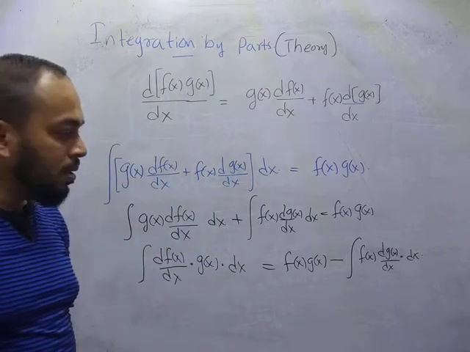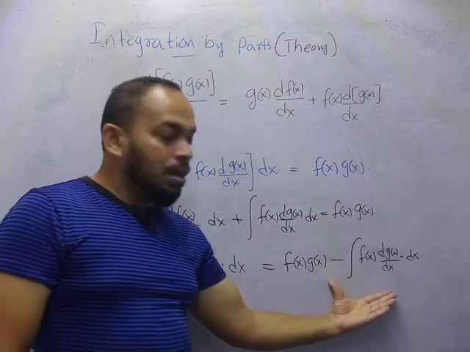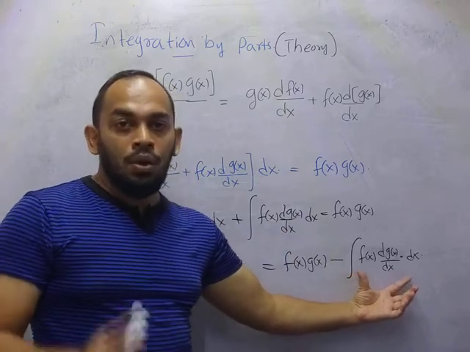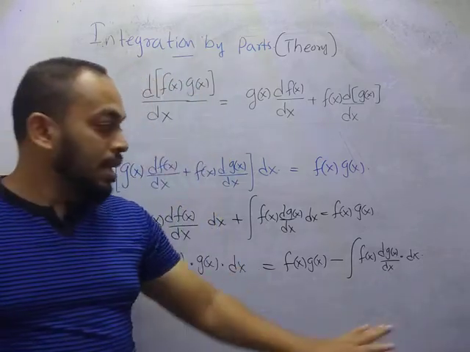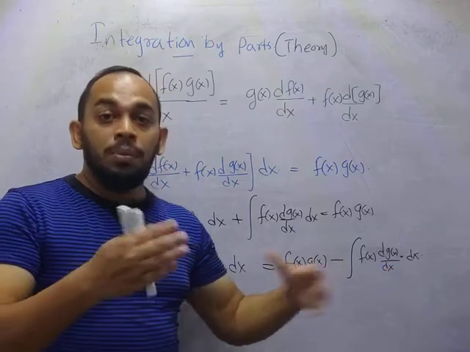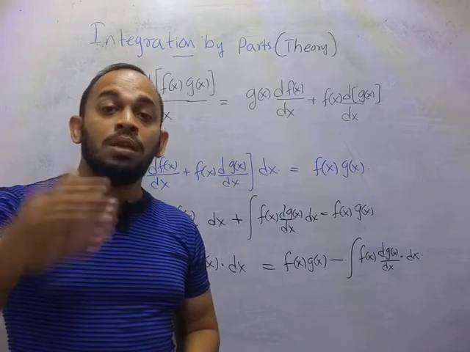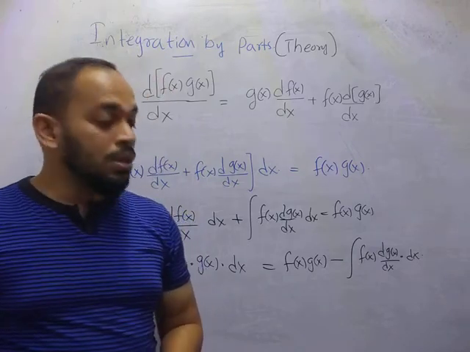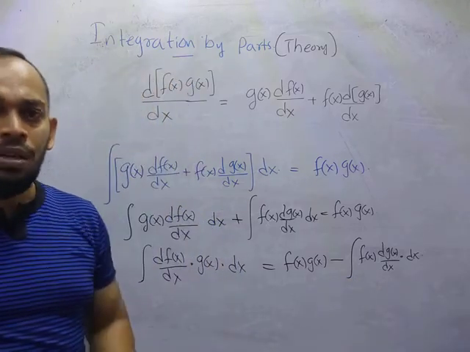If you can't do that, you can use this relationship to convert this integral into a new integral. Hopefully this integral is easy to integrate. That means it exists under standard integrals, or you will be able to do partial fraction decomposition, or the substitution technique, which you will learn in the future. By doing so, you will be able to do this. So that is the idea.